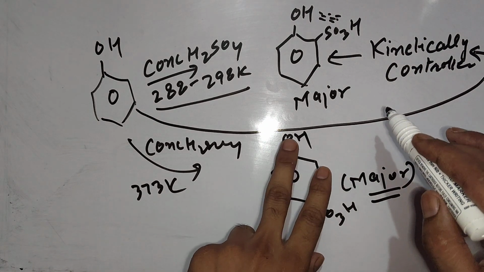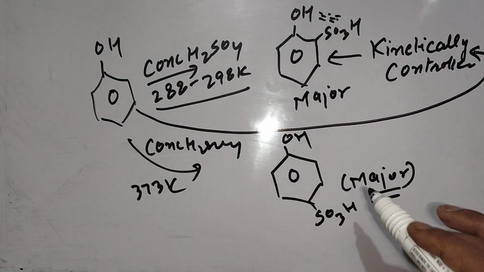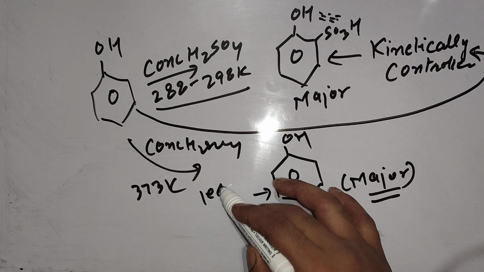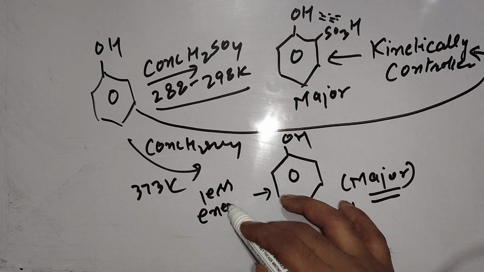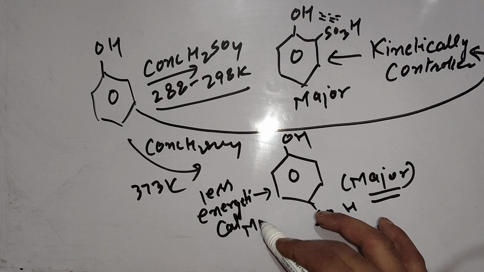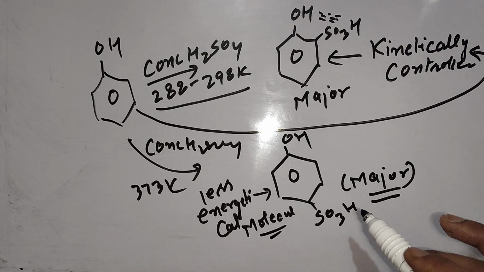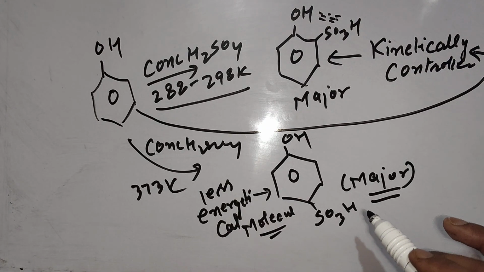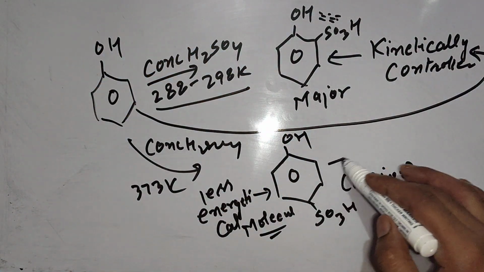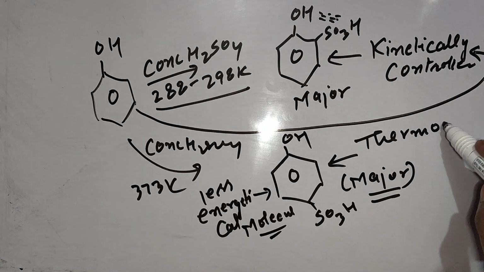So the molecules will go away from each other, they will occupy para positions to each other. So this will be the major product. And this product, because it is a less energetic molecule, para products are always less energetic as compared to ortho products. So because this molecule is less energetic, we will call it thermodynamically controlled.